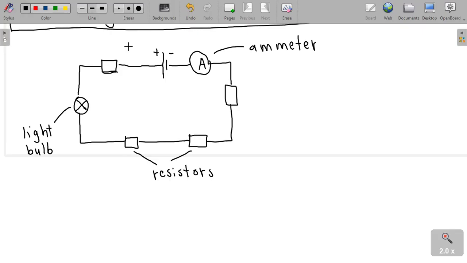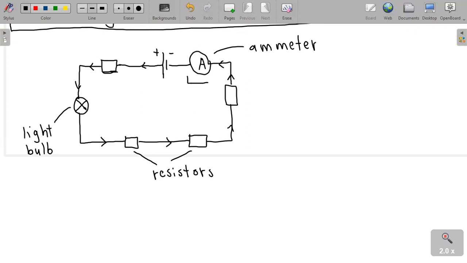The current will move out of the positive terminal like this and go around the circuit.